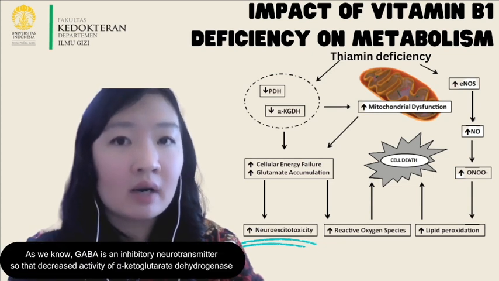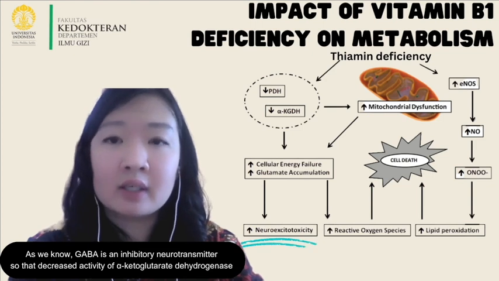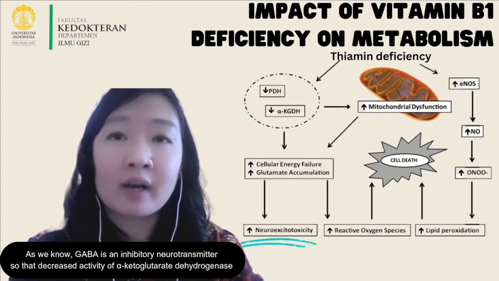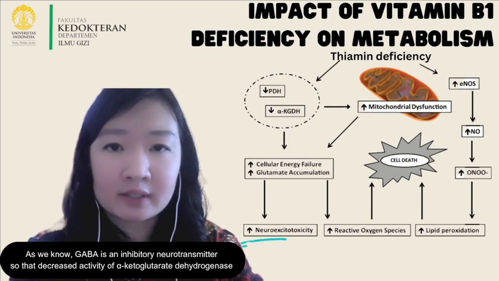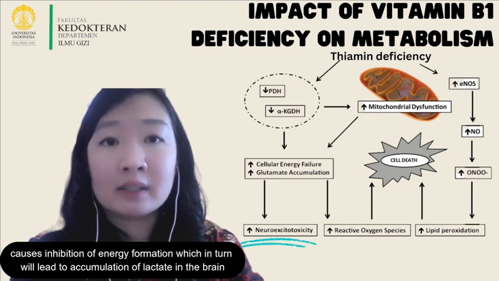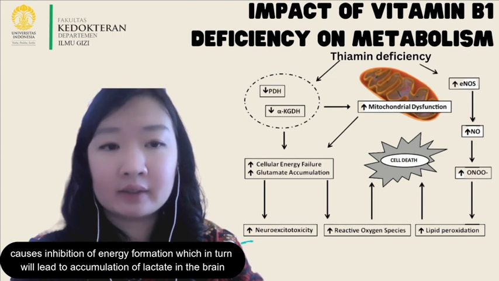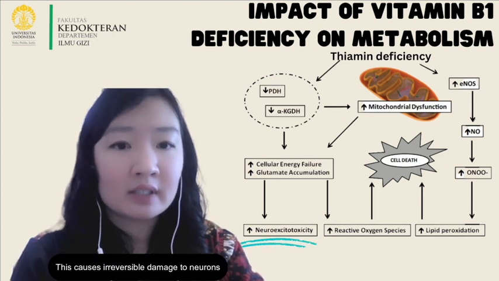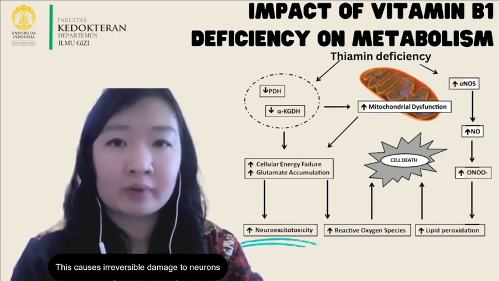As we know, GABA is an inhibitory neurotransmitter, so that decreased activity of alpha-ketoglutarate dehydrogenase causes inhibition of energy formation, which in turn will lead to accumulation of lactate in the brain. This causes irreversible damage to neurons.